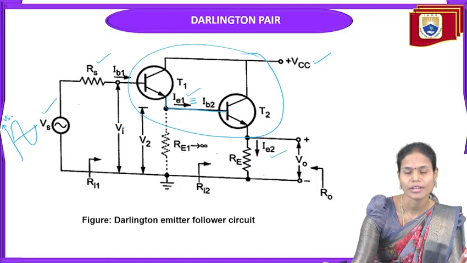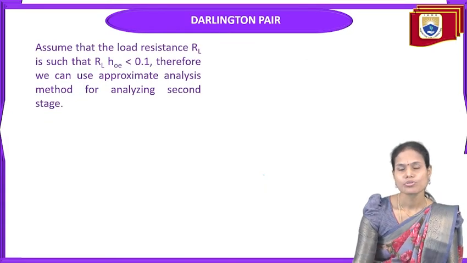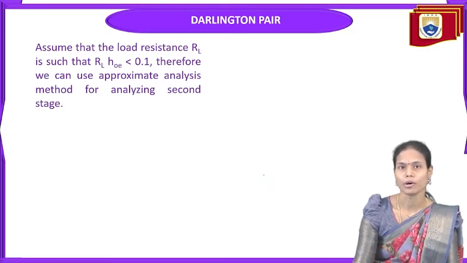That many number of times we have to do the analysis. Here in this particular circuit we are having two stages, so we have to do the analysis for the first stage as well as for the second stage. And so in order to analyze the circuit, we have to replace the transistor in its hybrid equivalent model.